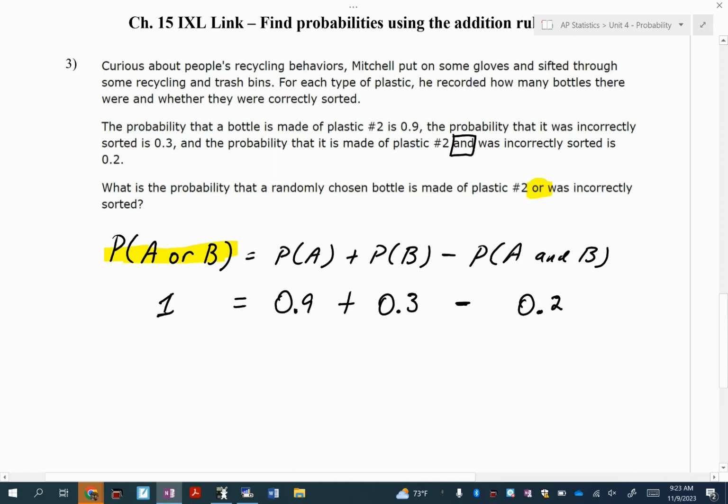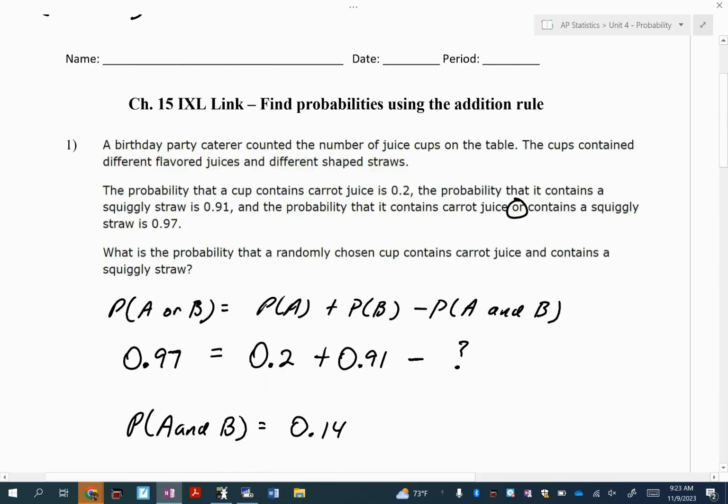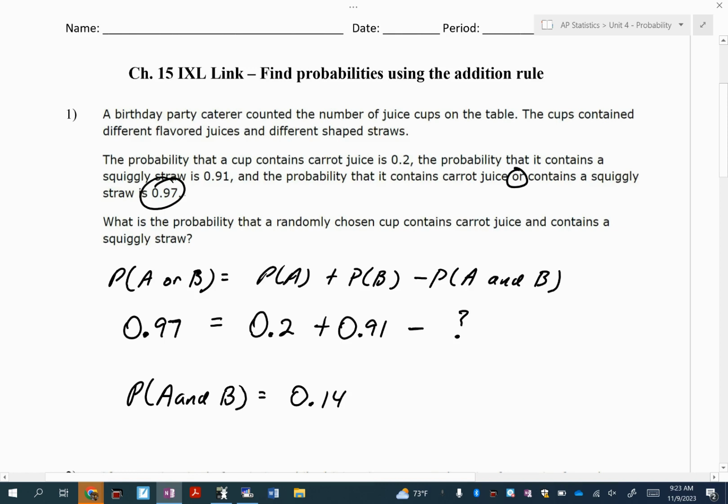It gave us and in the problem, so I slotted that 0.2 where it says and. But in this question, it gave us the or, so I slotted that where it says or. And we're asking for the and, so that's why I'm solving for this one. It can get a little tricky, so make sure you got the right words going on.